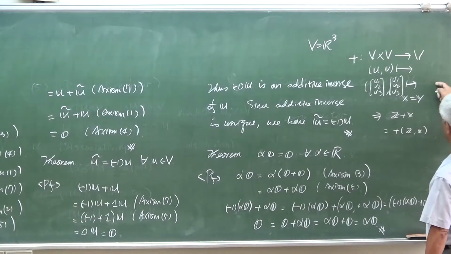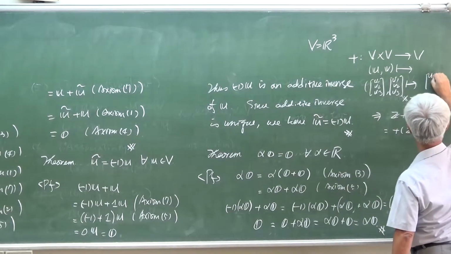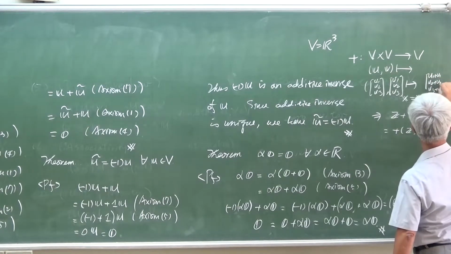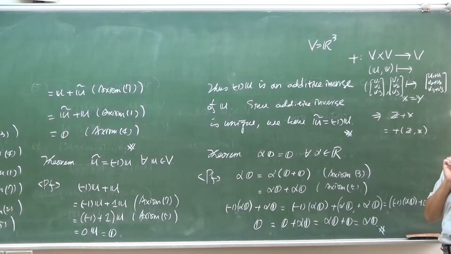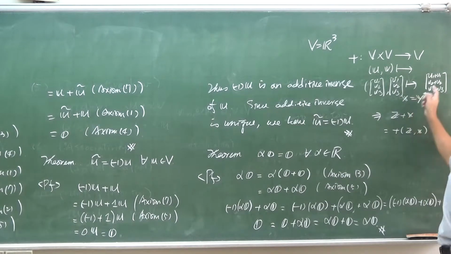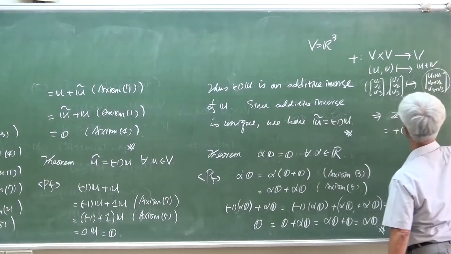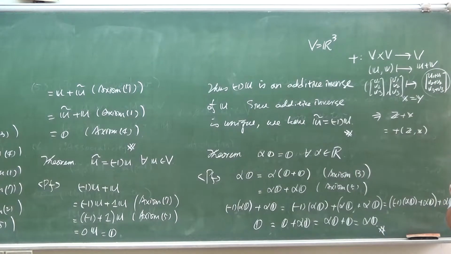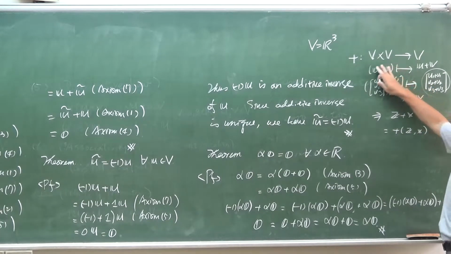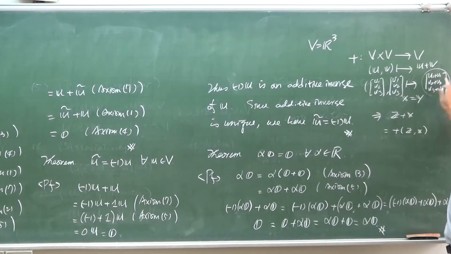So you make them equal to U1 plus V1, U2 plus V2, U3 plus V3. It's a vector here, and we denote this vector as U plus V. So the addition is defined by component-wise addition.